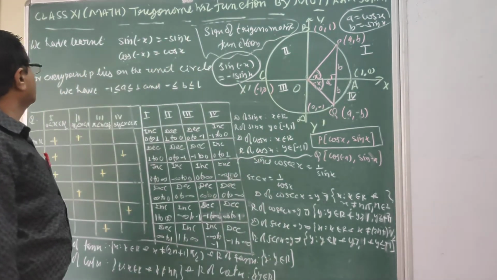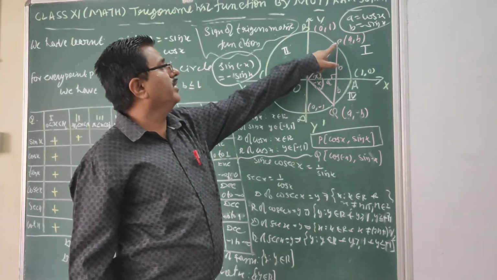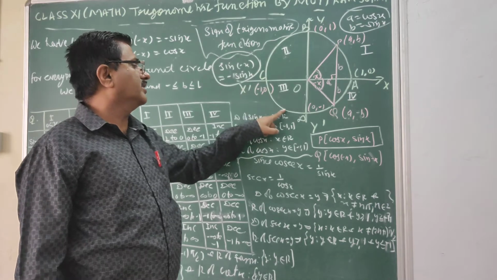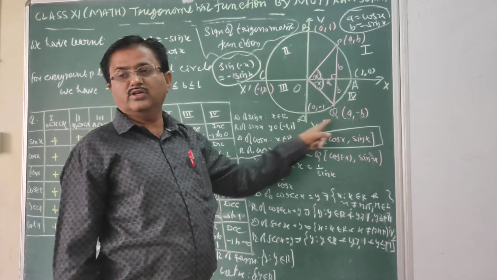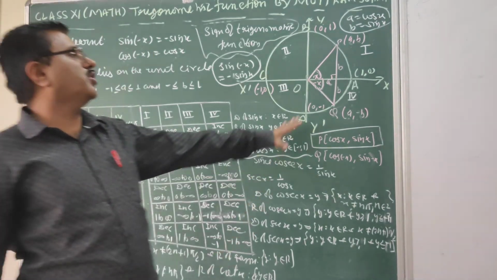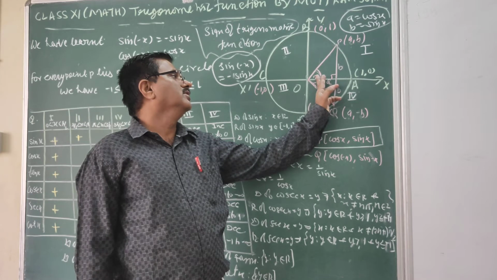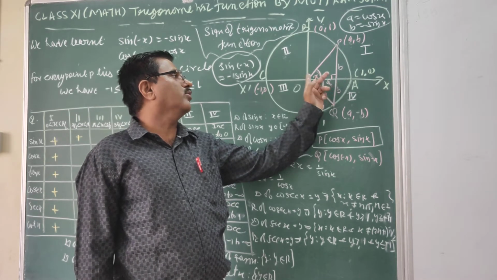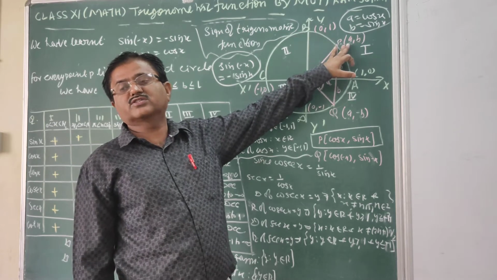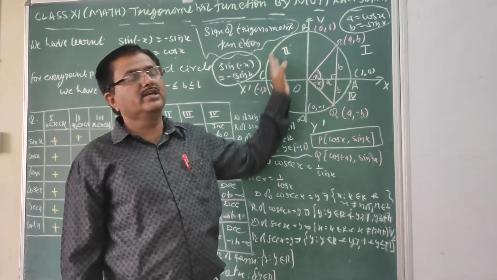So according to this, the sign of trigonometry: this point P, when moving, will be in the first quadrant, or here in the second quadrant, then third, fourth and so on. Whenever this point P is moving, it depends on the theta or radian, what angle there is, and according to that the sign will be determined, whether it lies in the first, second, third or fourth quadrant, after any revolution.